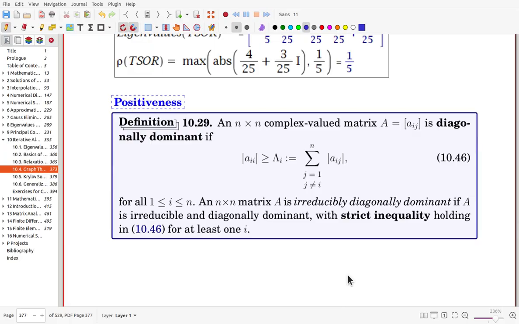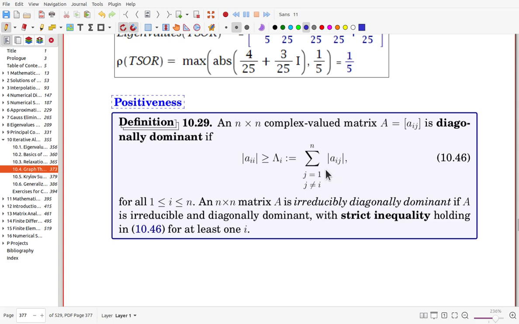Now, let's deal with a little bit of theory. Positiveness. A square matrix is diagonally dominant if the main diagonal entry for each row, in modulus, is larger than or equal to lambda I. Already we defined this one, just the addition of absolute values of the off-diagonal entries.